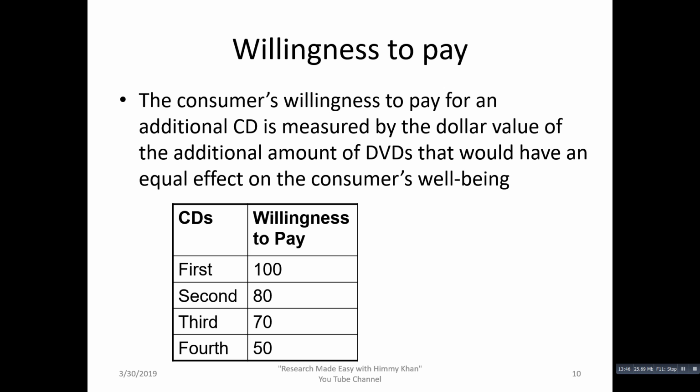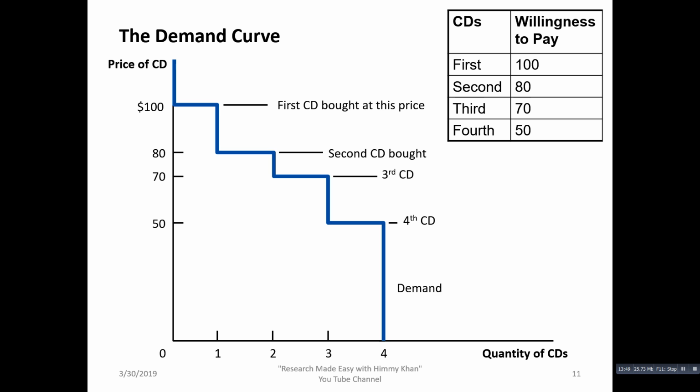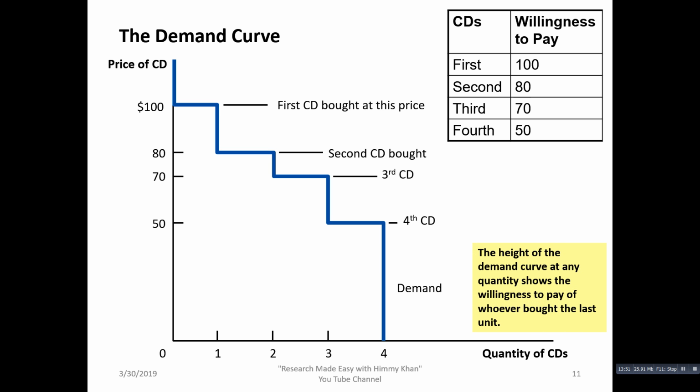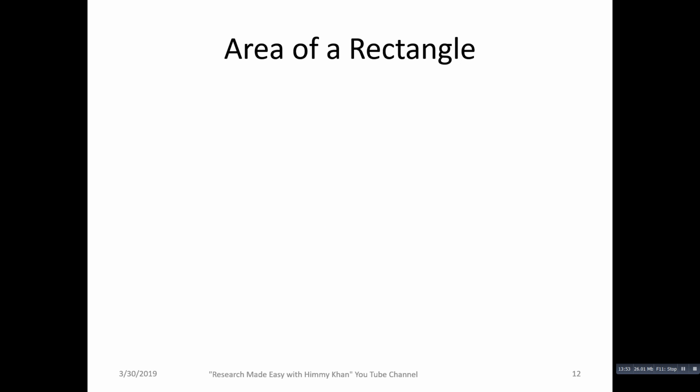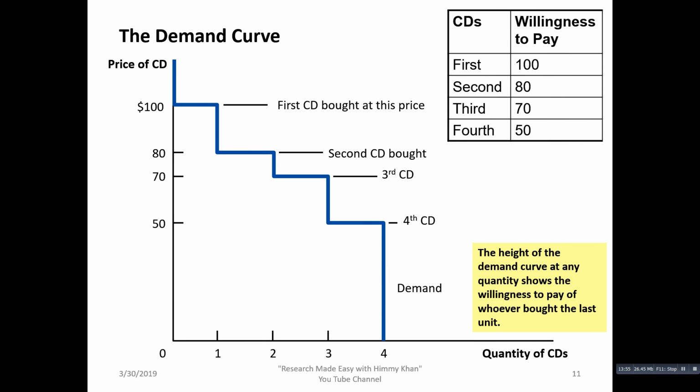And this diagram also shows various willingness to pay at various prices, that is, willingness to pay when the first CD is bought, willingness to pay when the second CD is bought, and so on. The height of the demand curve at any quantity shows the willingness to pay of whoever bought the last unit. Now, as you know, the area of a rectangle can be measured by multiplying the width and the height.